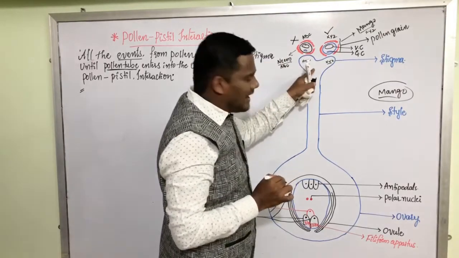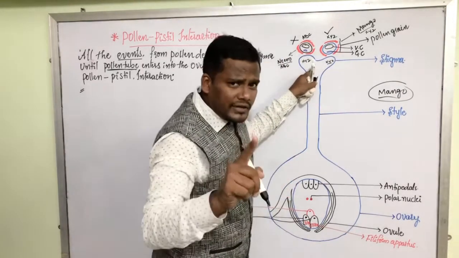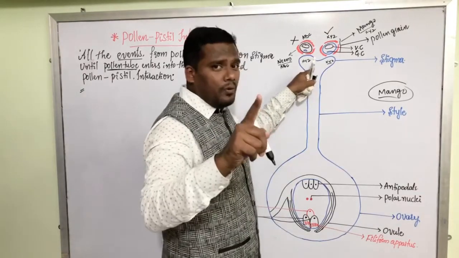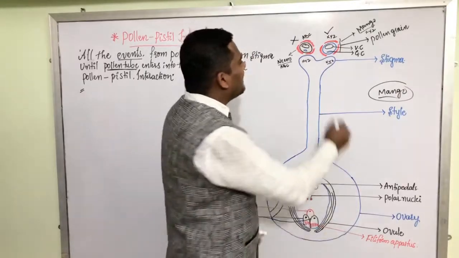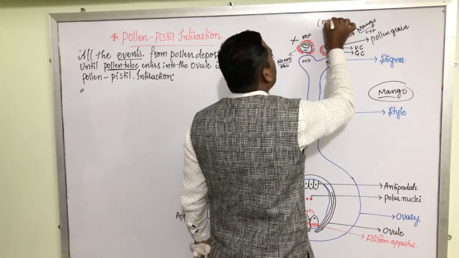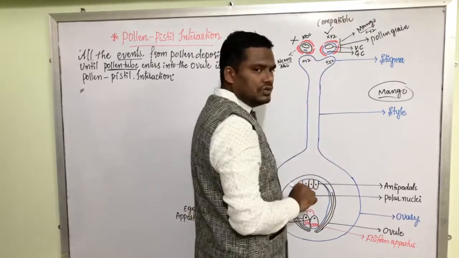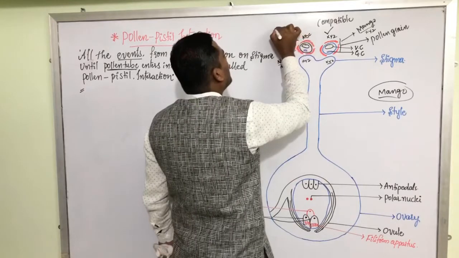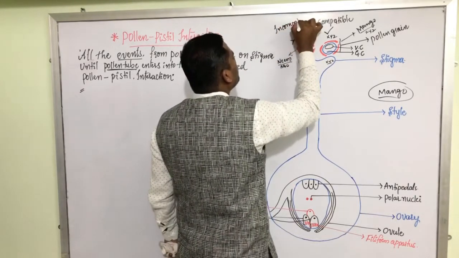This chemical matching is only to select the right type of pollen grain and to reject the wrong type of pollen grain. The right type of pollen grain is called compatible pollen grains, and the wrong type of pollen grains are called incompatible pollen grains.